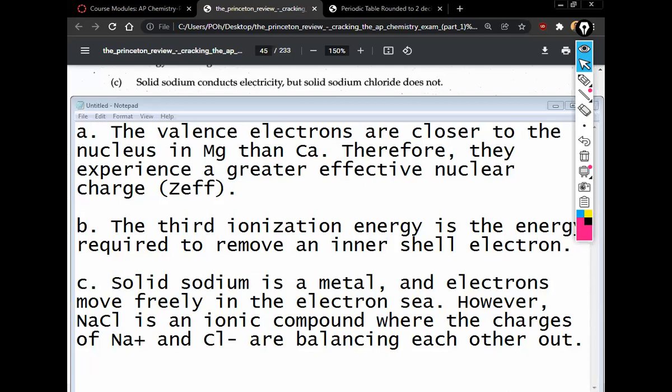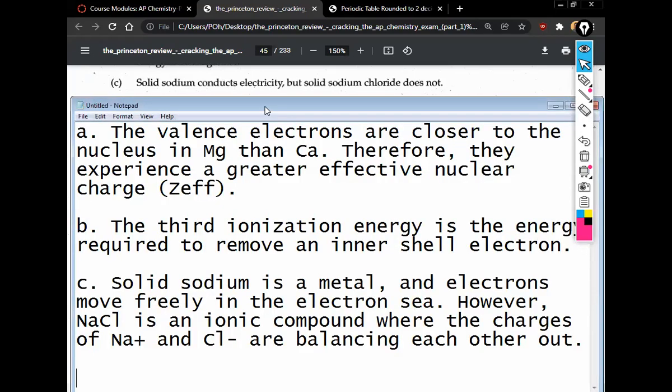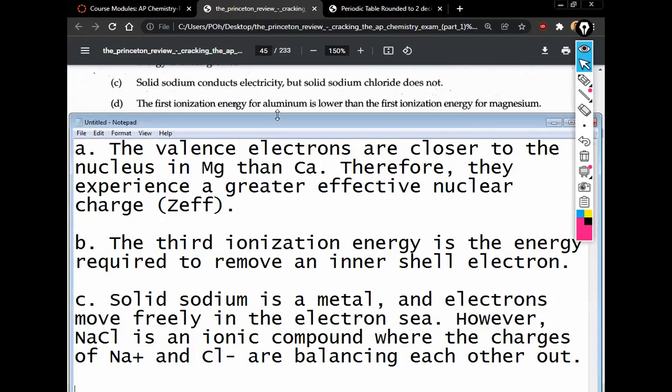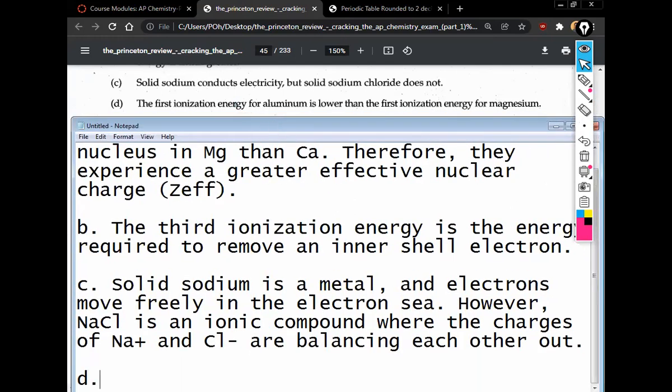Make sure you talk about both parts of the question that are being asked. All right, let's move on to the last part. The first ionization energy of aluminum is lower than the first ionization energy of magnesium. Anyone want to take a shot at that? Yeah, Mel.